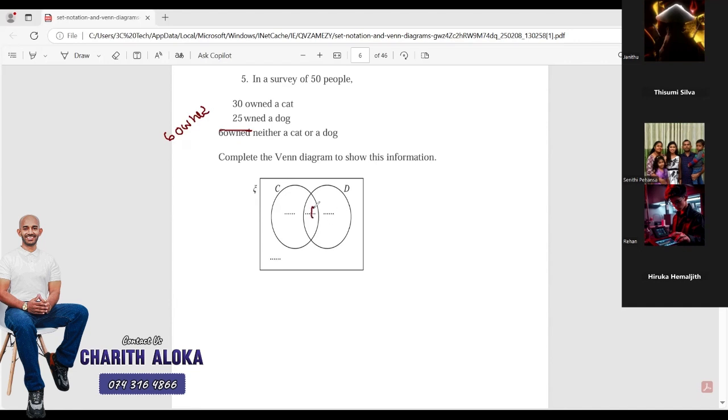The remaining ones here should be 30 minus 6, 24. Here we put 25 minus 6. What is it then? 19.